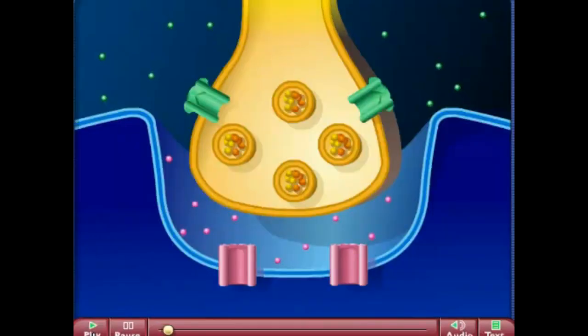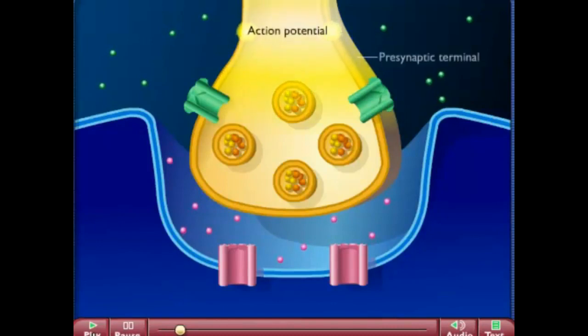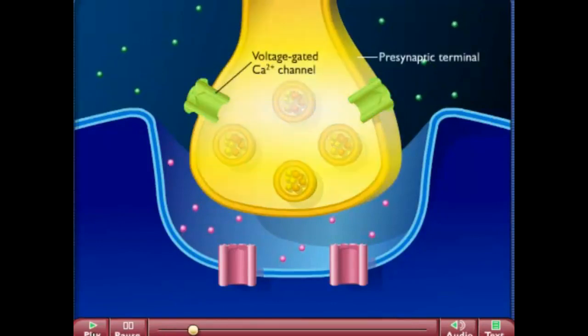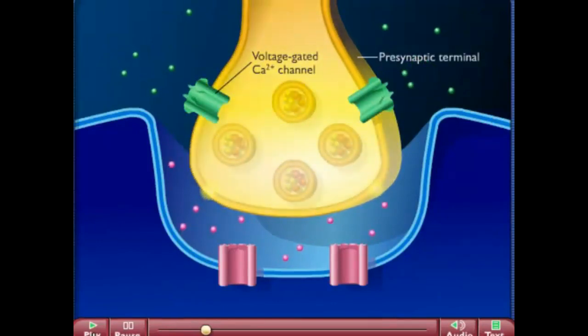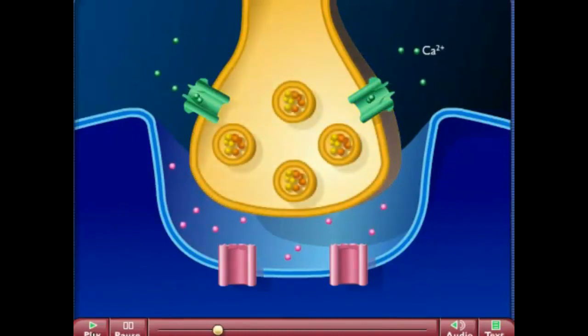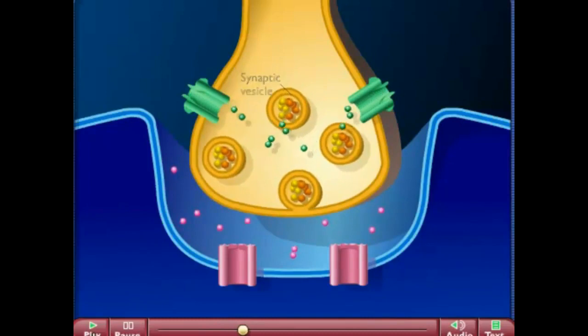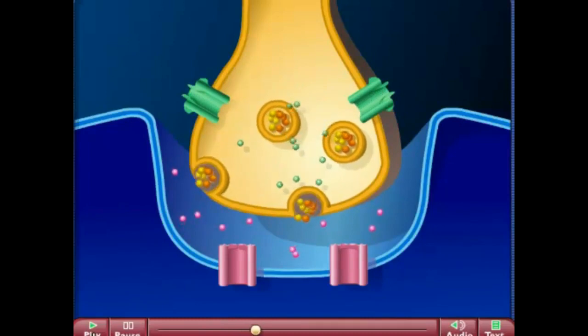One last one for you. Action potentials arriving at the presynaptic terminal cause voltage-gated calcium ion channels to open. Calcium ions diffuse into the cell and cause synaptic vesicles to release acetylcholine, a neurotransmitter molecule.